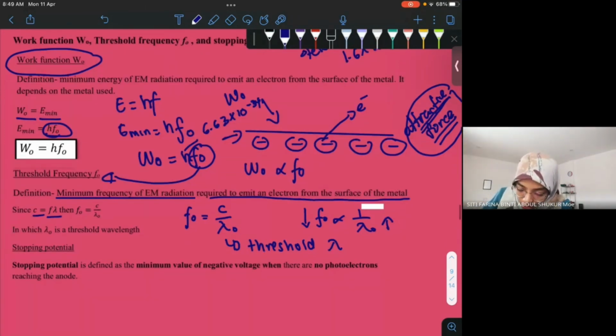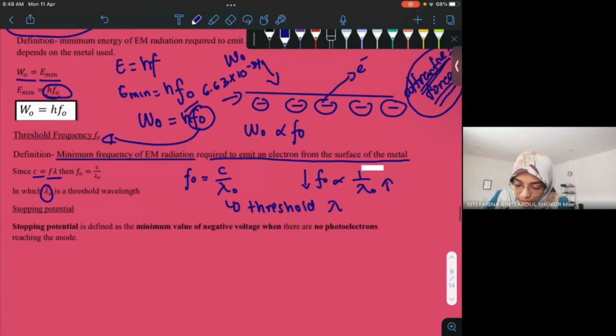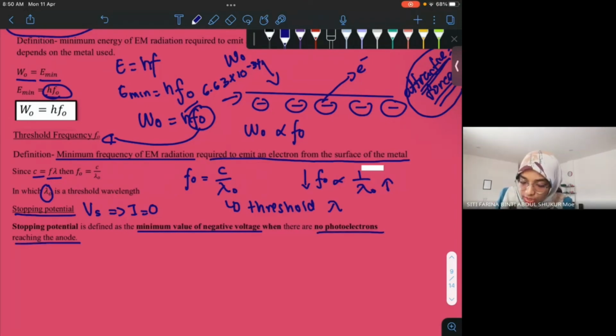Okay, so your threshold here is the maximum wavelength required to emit the electron. Okay, and then stopping potential. Stopping potential is what we saw earlier, that is when your current is exactly equal to 0. It is defined as the minimum value of the negative voltage when there is no photoelectron reaching the anode.